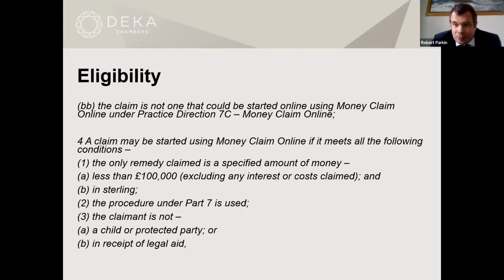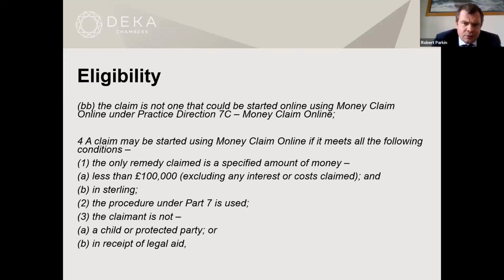Essentially the same thing for MCOL. There are similar but subtly different rules for a claim that can be issued through MCOL, and it is a requirement for DCP that the claim is not one that could be started using MCOL. So again, for example, if you've got a claim for less than £100,000, potentially that's the sort of territory where MCOL could be used in those circumstances, assuming everything else is met.